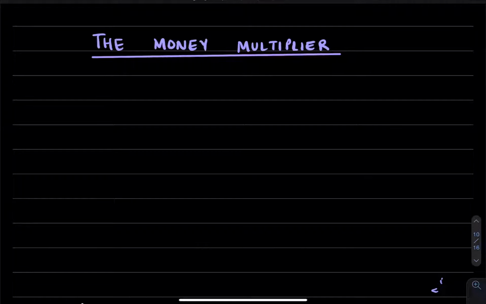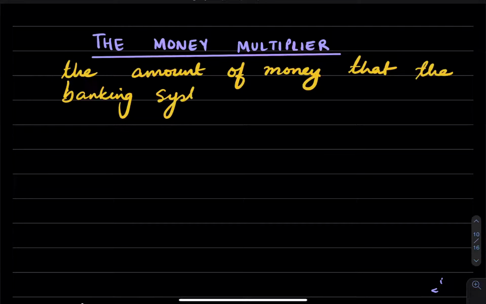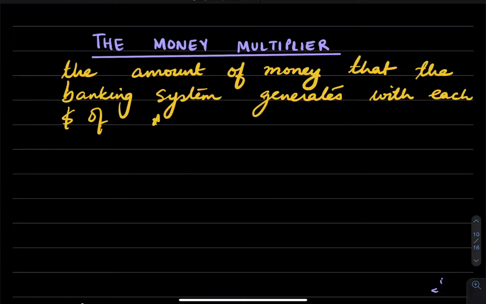So the money multiplier is basically the amount of money, or it tells us the amount of money that the banking system generates with each dollar of reserves.